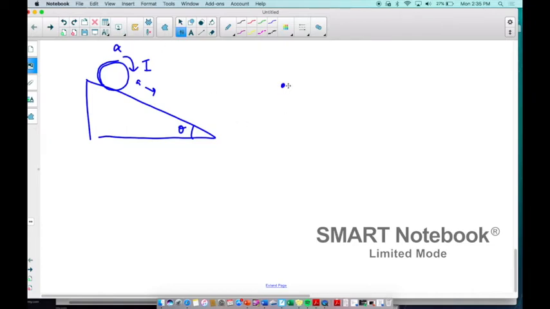So do my free body diagram using Newton's second law. Rotated reference frame, here's mg. mg sine theta is the force accelerating it down the ramp. mg cosine theta is the force perpendicular to the ramp that counteracts the normal force. And then, of course, here's the force of friction.